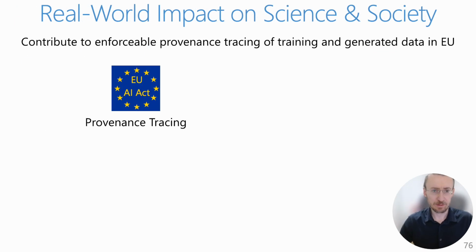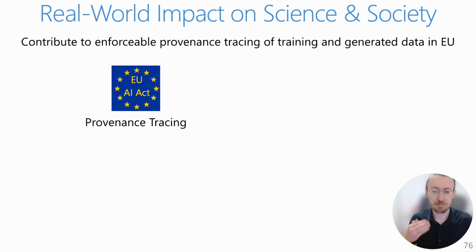And now the question is: we have all of these techniques, but what is the value for both science and society? Here we would like to define the real-world impact of these methods. Right now, the EU leads AI regulation, and these regulations are expressed in the AI Act. The AI Act is well known in the AI community.